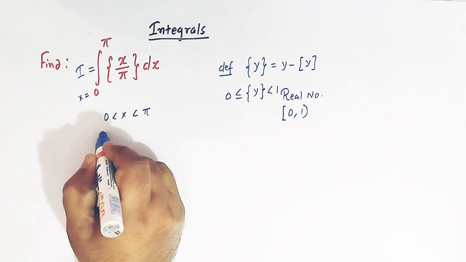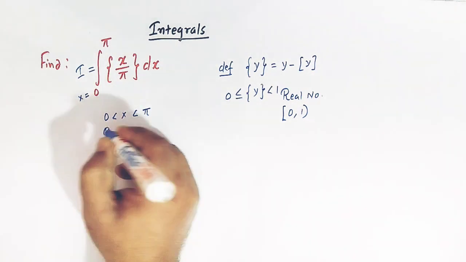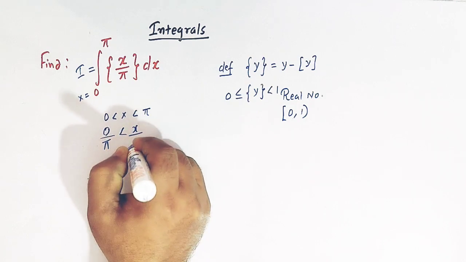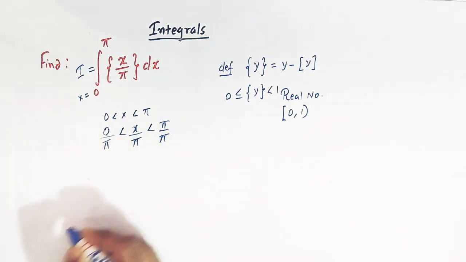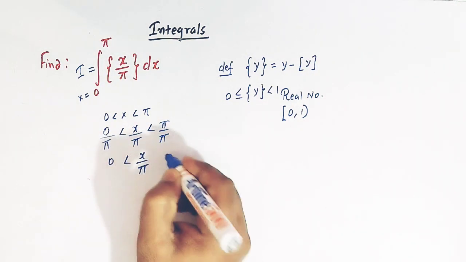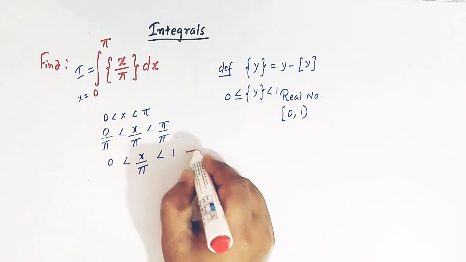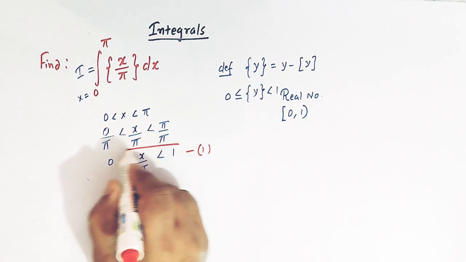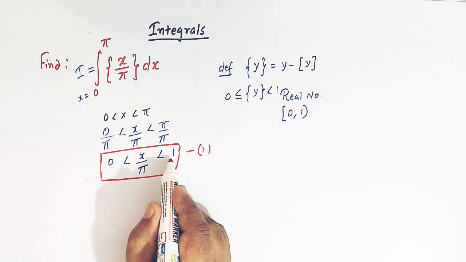We get 0 over pi, then x over pi, and pi over pi. So here we have 0, x over pi, and 1. From this inequality we see that x over pi lies between 0 and 1.